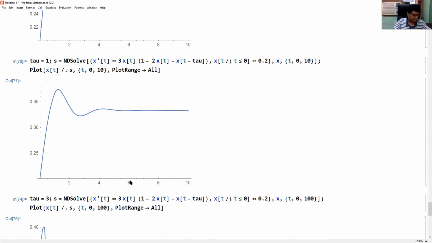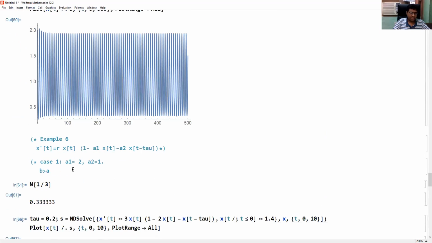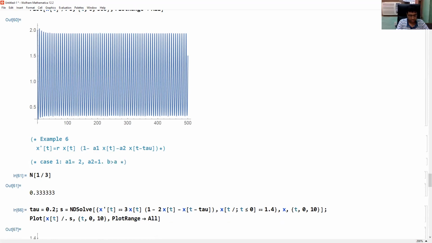Now we choose second case, that is A1 is smaller than A2. In the first case, the equilibrium is asymptotically stable for any tau.